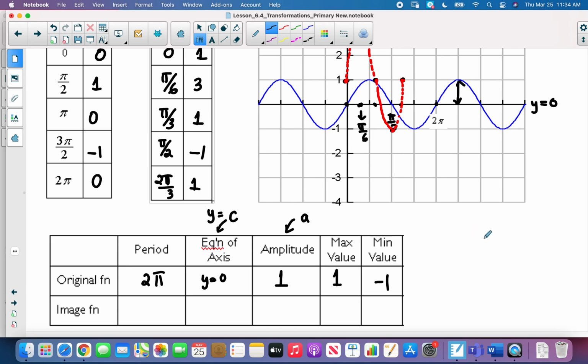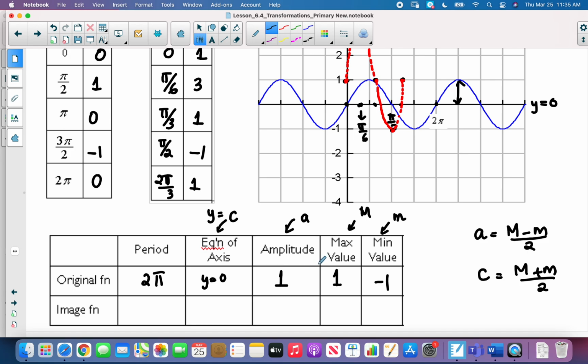Let's call the maximum value capital M and the minimum value lowercase m. If we do M minus m divided by 2, we get the amplitude of our function. And to find the equation of axis, or our c value, we do M plus m divided by 2. So those are two formulae you can remember.